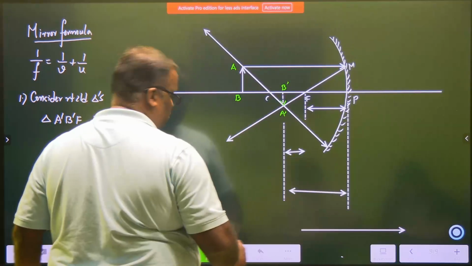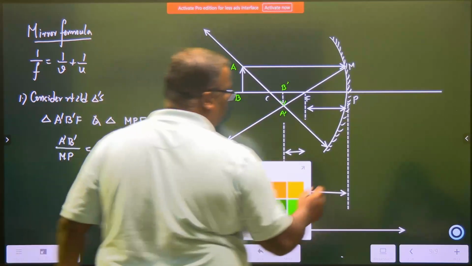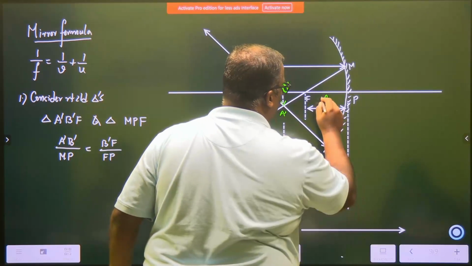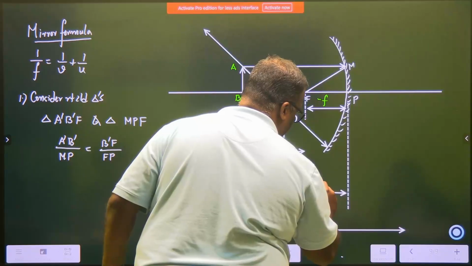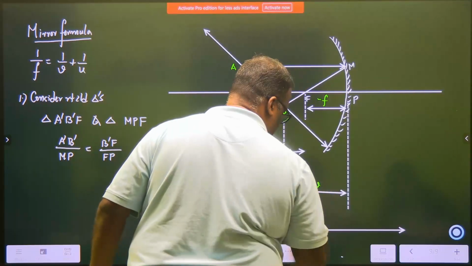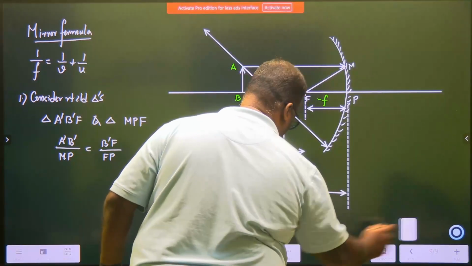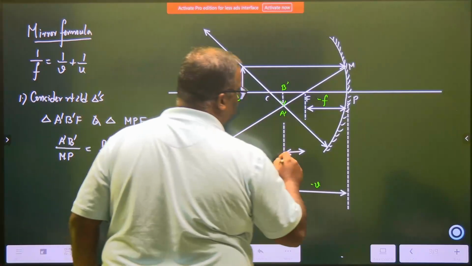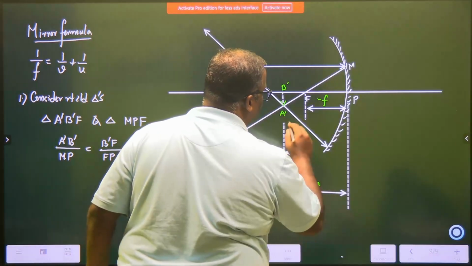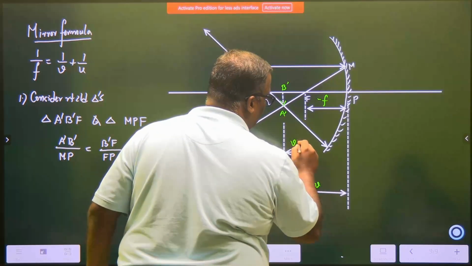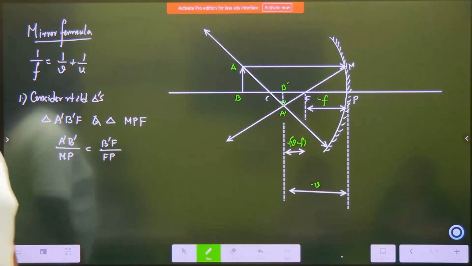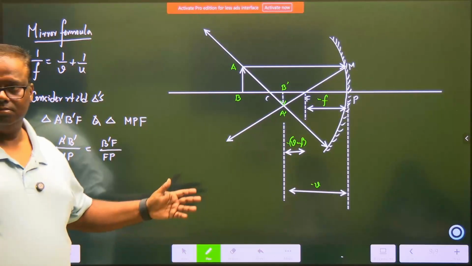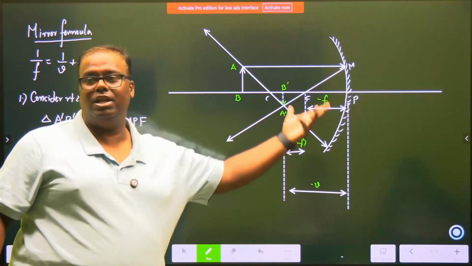Right. So what are my measurements now? This will be measured as F, but negative F. This will be measured as negative V. Right? And this will be measured as V minus F overall, but as negative. Right? It's a V minus F, ना? V minus F, but a negative.